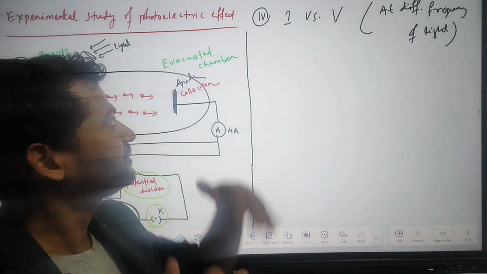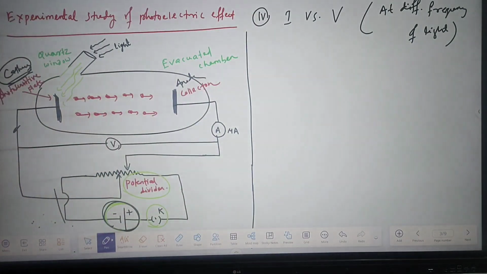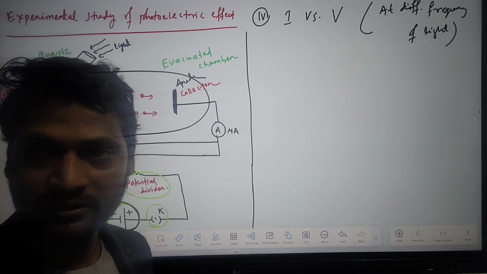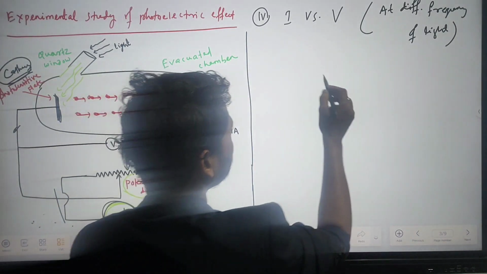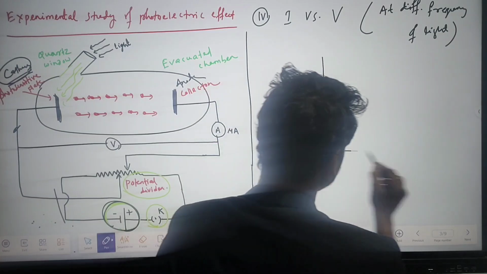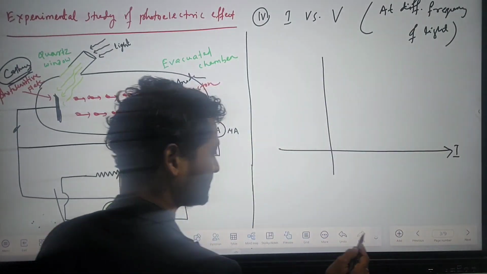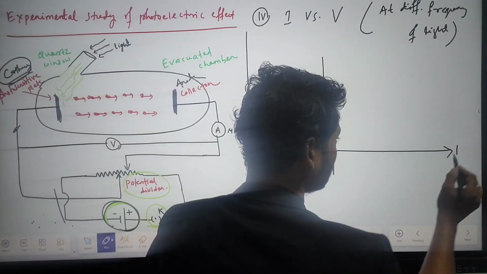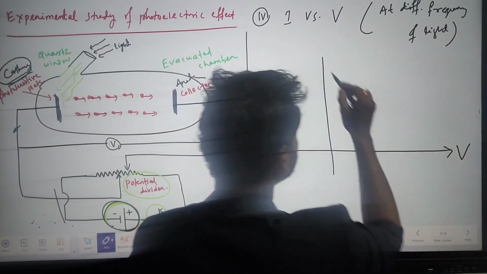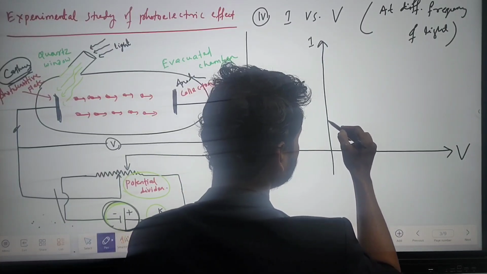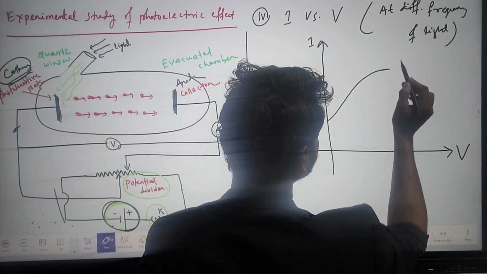If we change the frequency of incident radiation, and if we increase or decrease the potential, what is the nature of photocurrent? That is our objective. So if I take potential on the x-axis and photocurrent on the y-axis, it was found the nature of the graph will be like this.